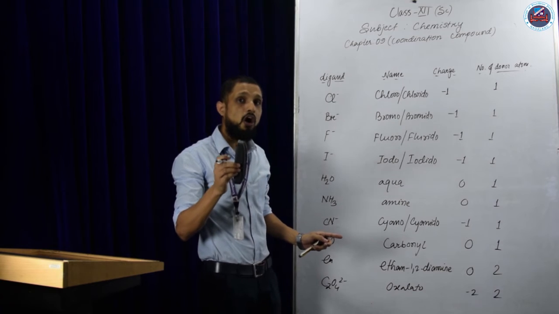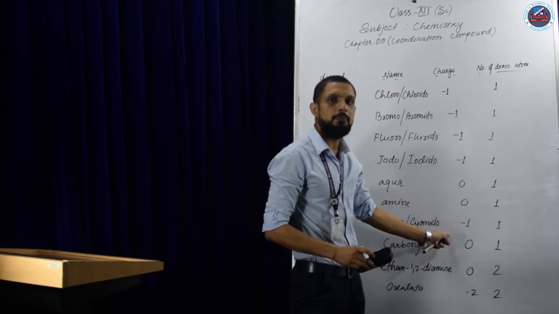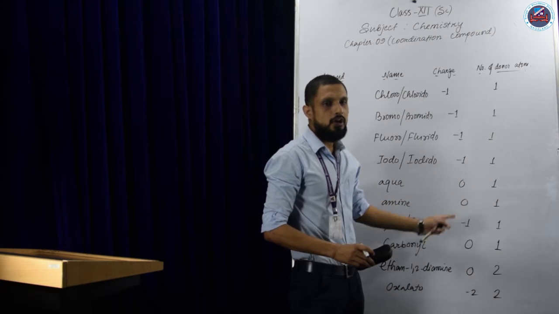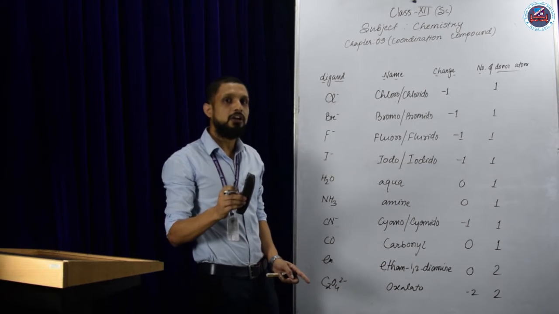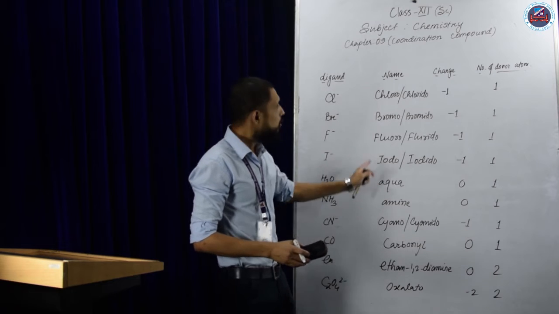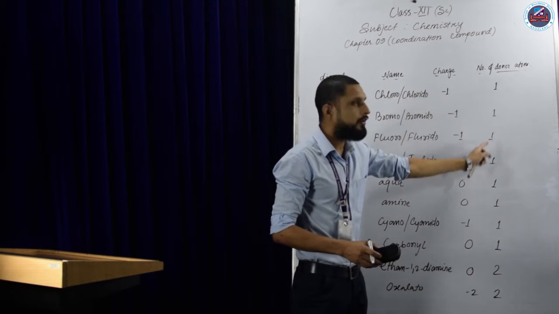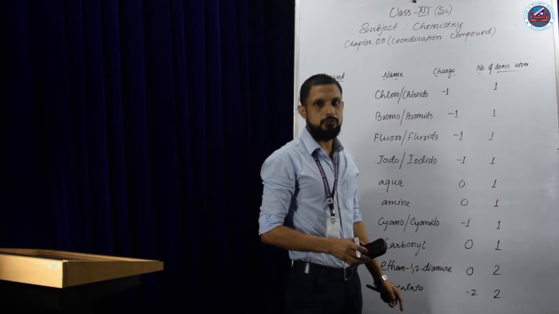While calculating the oxidation number, you'll be needing the charge carried by the ligands. Whereas while writing the nomenclature, you'll be needing names, formulas, charge, as well as number of donor atoms.